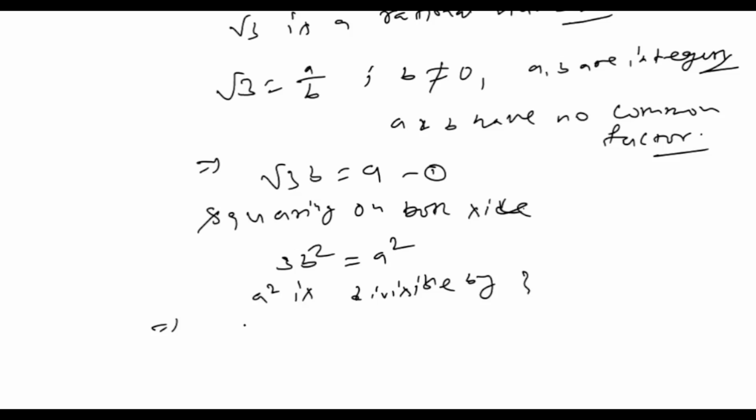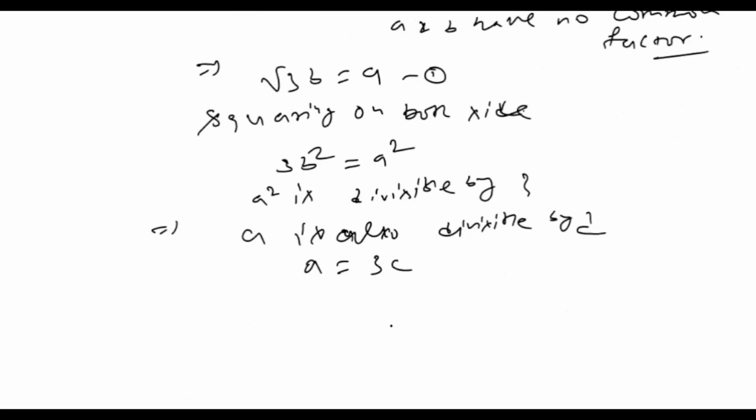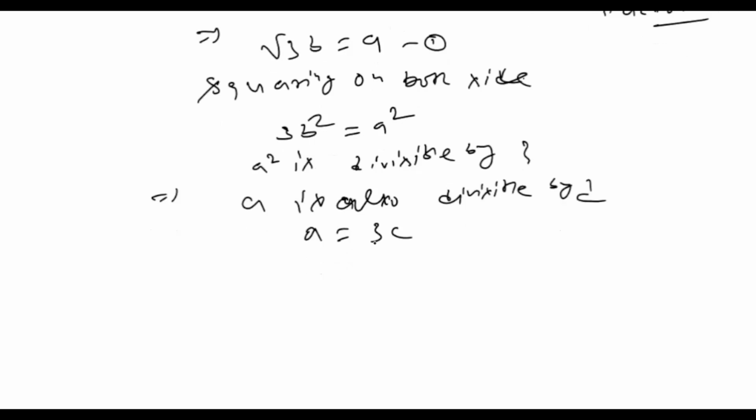So we can write a equals 3c, because if a is divisible by 3, there will be some number which multiplied by 3 gives a, and let that number be c.